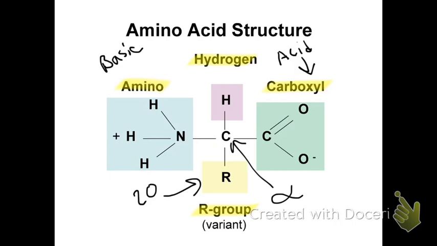Okay, well, this is an important point before we go on. You can find all of the amino acids in your data booklet. That will be on basically page 17 or table 19 in your IB data packet, which you can use. And it just lists all of the amino acids.